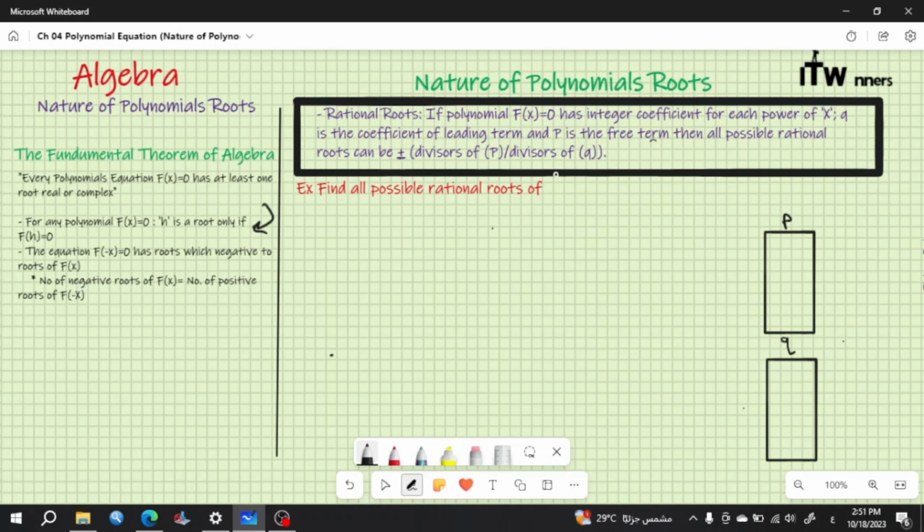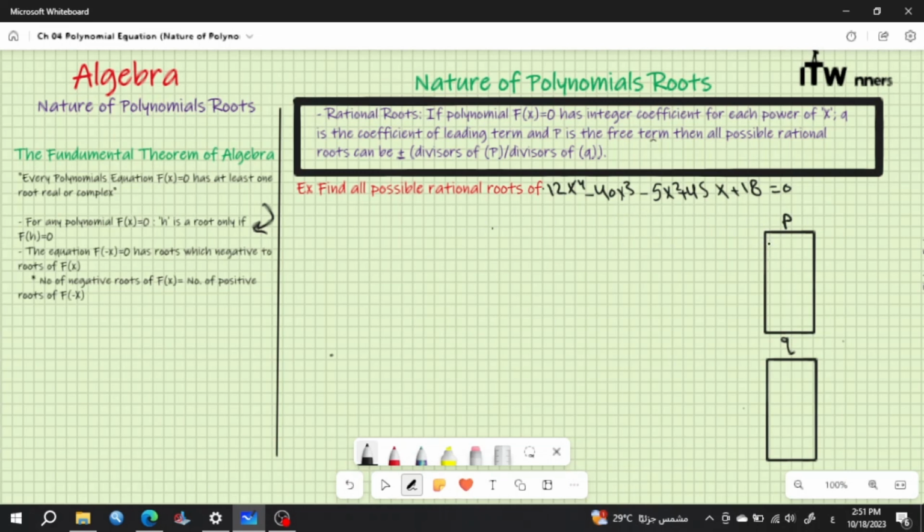Another example on rational roots. Here 12x power 4 minus 4x cubed minus 5x squared plus 45x plus 18 equal to 0, and we want to find all possible rational roots of this function.